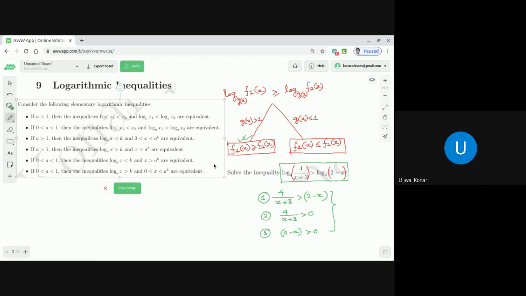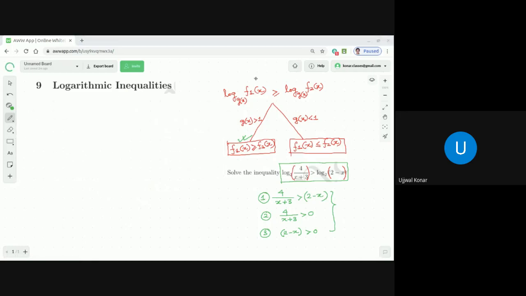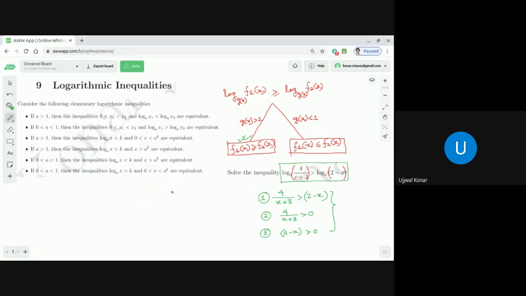Dear students, please confirm that all of you are able to view it properly. This is a clear view, na? Yes. So what it says, the first point, is that if a is greater than 1, a meaning the base of the logarithm, then the inequality 0 less than x1 less than x2 and log of x1 base a less than log of x2 base a are equivalent.